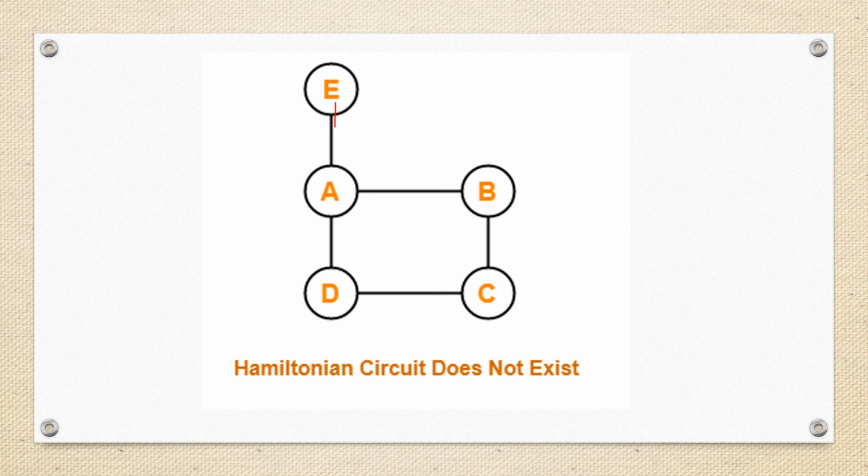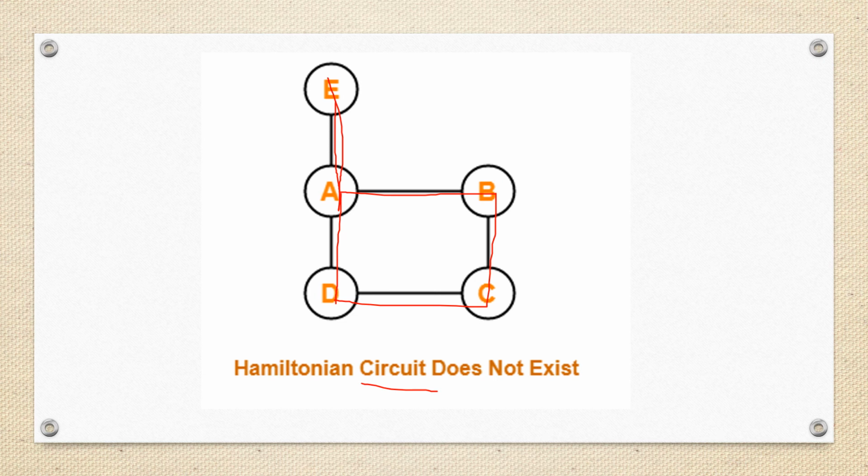So, from E to A to B, B to C, C to D, D to, so since this is a circuit, I have to go back to E. Kaya lang, in order for me to go back to E, I have to pass A. Kaya lang, so I have to pass A, then go to E.